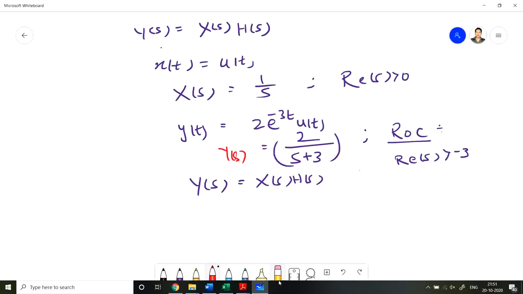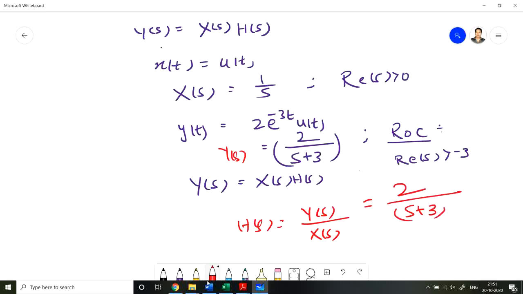So what is H(s)? H(s) is Y(s) divided by X(s). And what is Y(s)? Y(s) is 2 divided by s plus 3. And what is X(s)? It is 1 divided by s. So s will go to the numerator, so it is 2s divided by s plus 3.